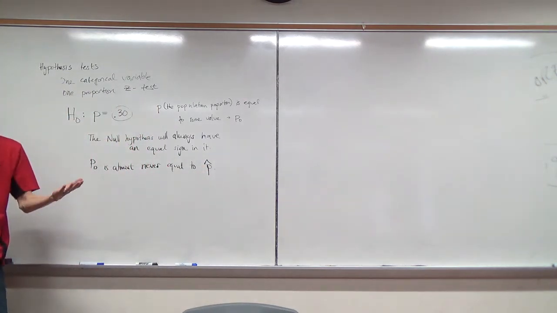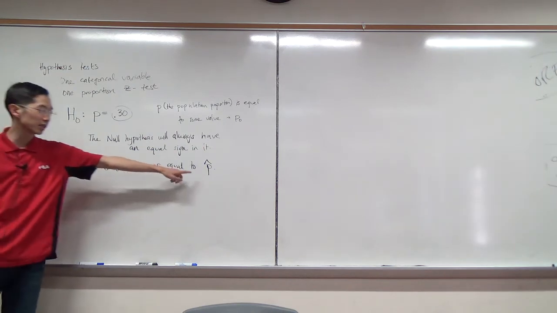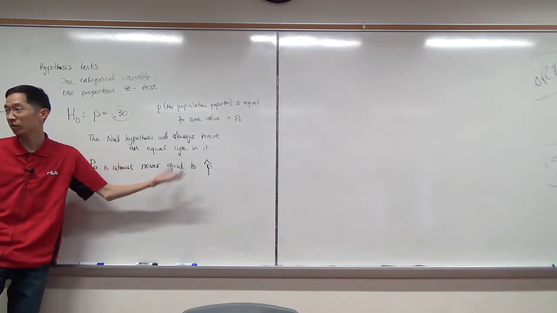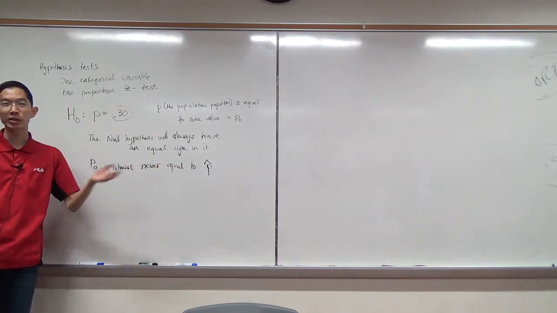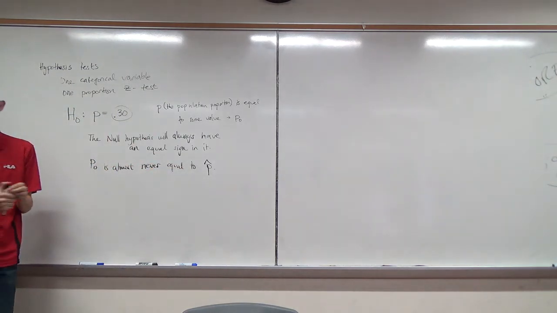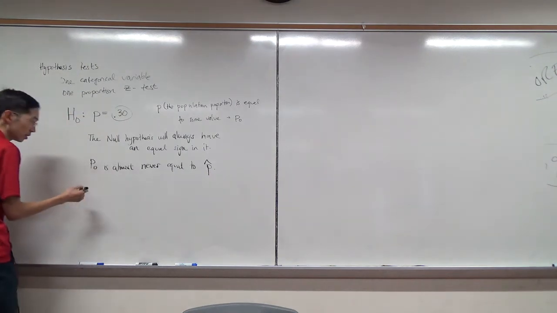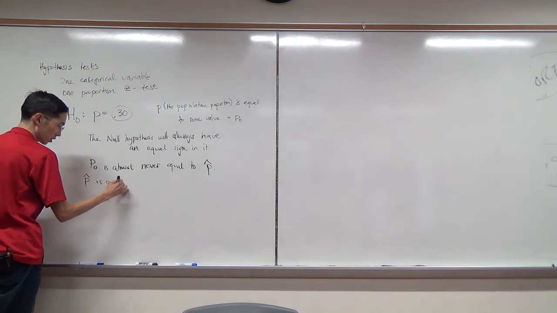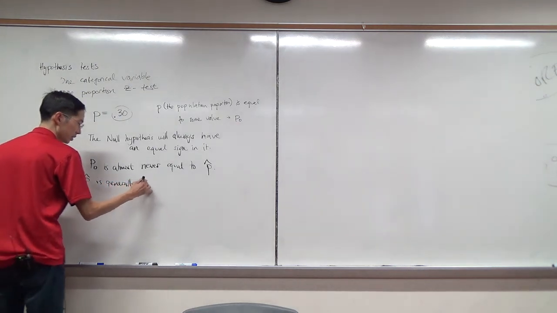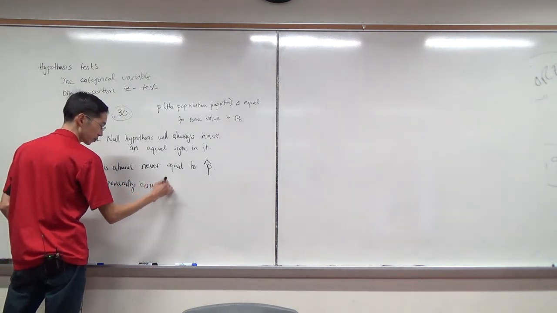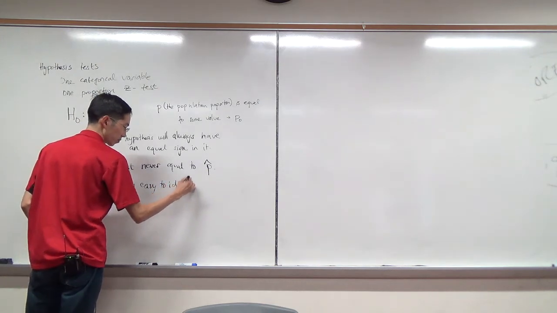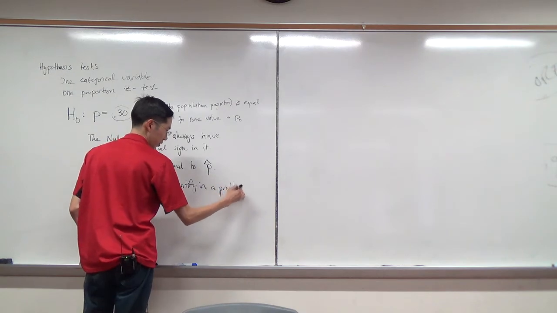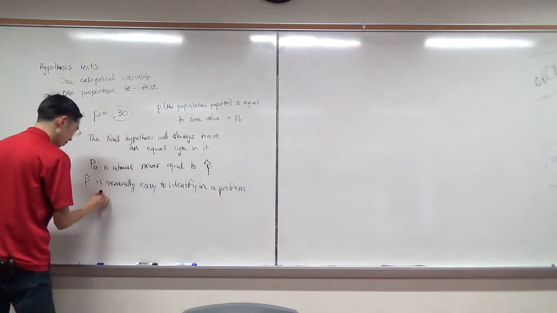As you're reading a problem, it's usually easy to pick out what p hat is. Okay, p hat is your sample proportion, and it comes from your data.